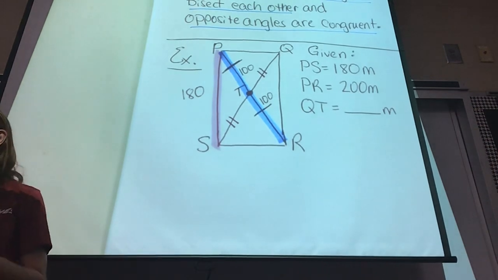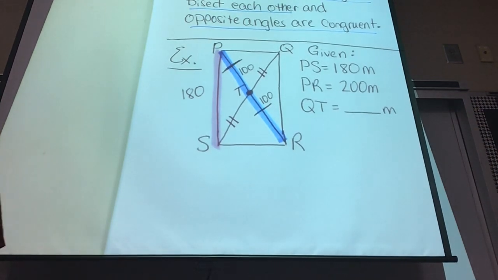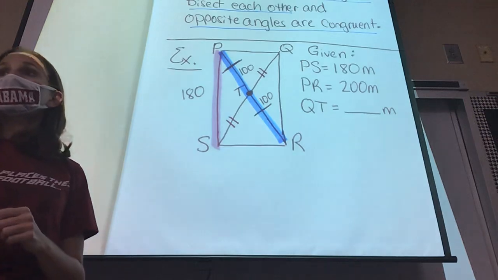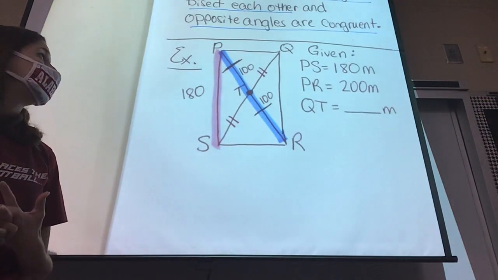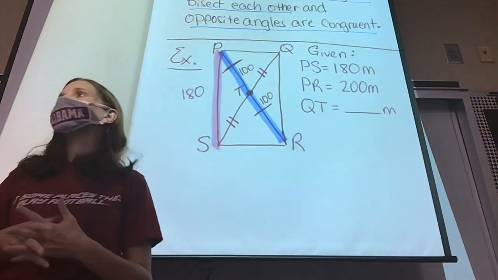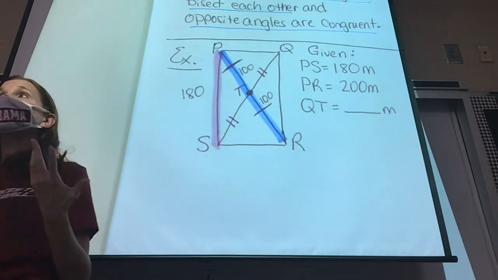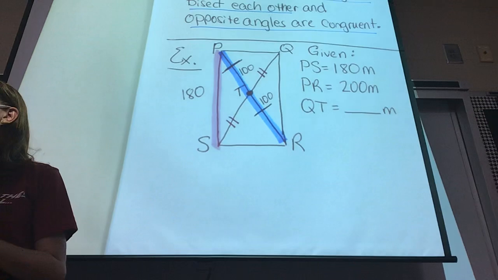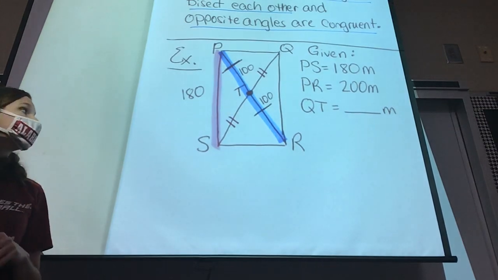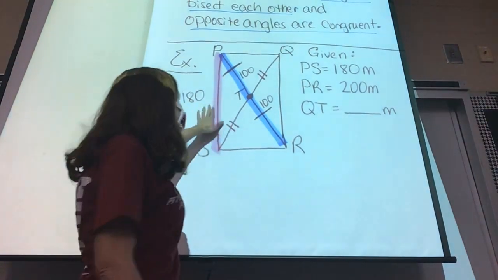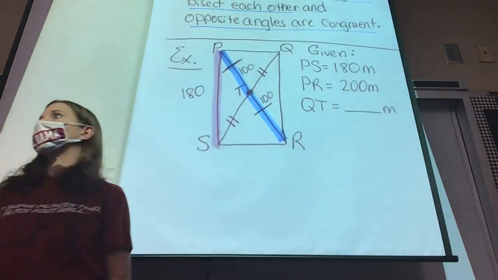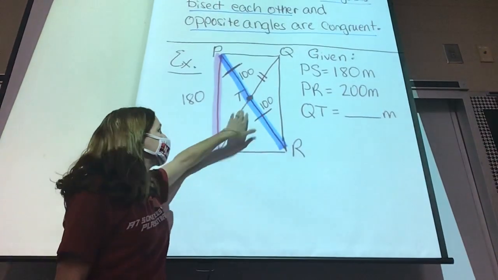Now, what do I know about rectangles? Well, we know opposite sides are congruent, but is the side really going to help me with the diagonal? No. So focusing on these opposite sides is really not going to help me solve these diagonals.